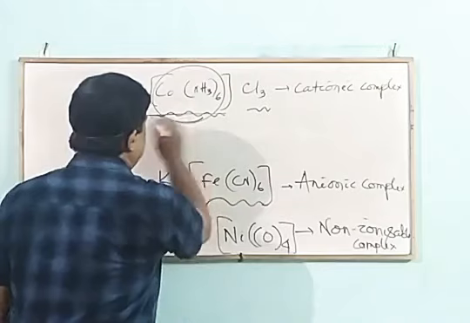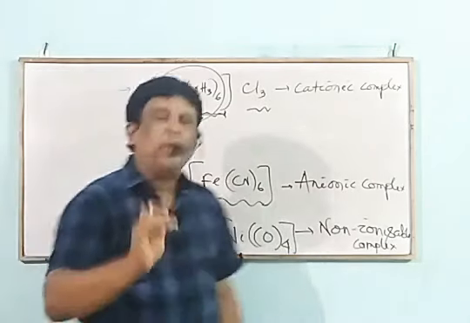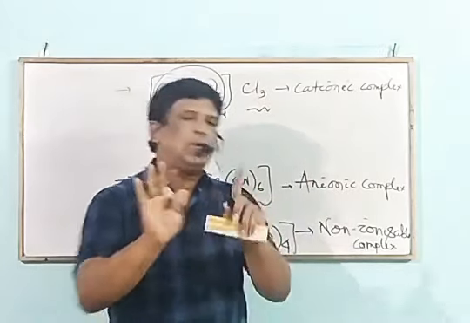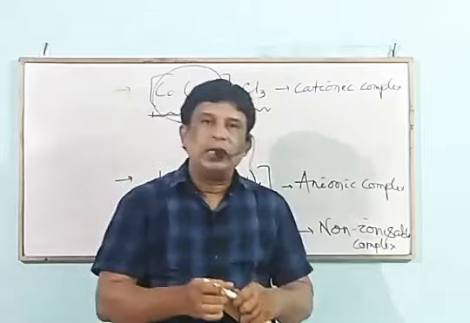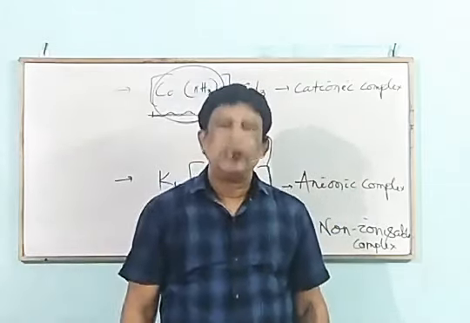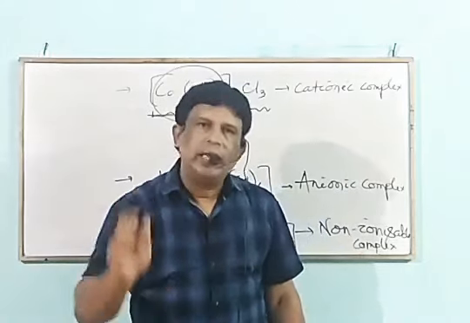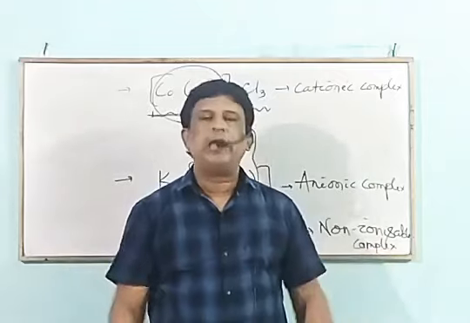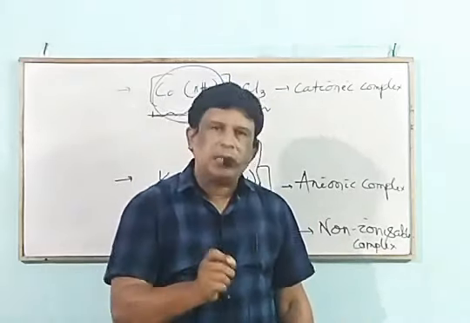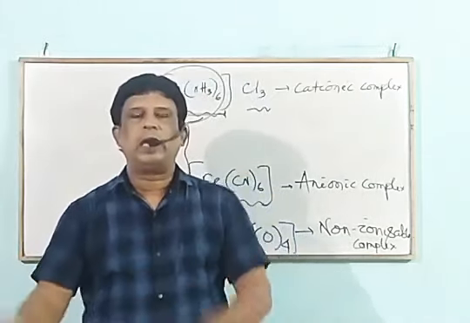So how do we name a complex part? In a complex part, two types of species are there. One is the central metal atom, the rest are ligands. Ligands are of three types: cationic ligand, anionic ligand, neutral ligand. Whatever the nature of the ligand, first the name of the ligand is given, followed by the name of the central metal atom.